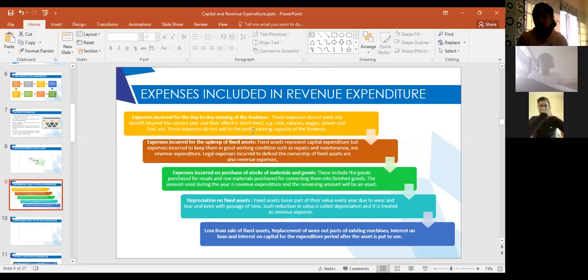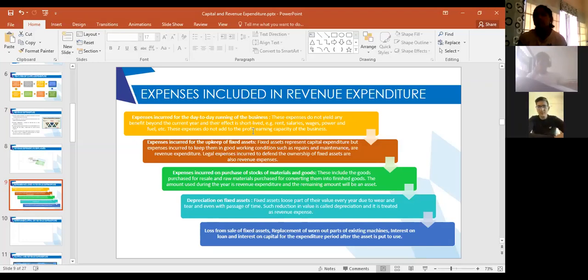Yes. Then expenses incurred for upkeep of fixed assets. Yes. Expenses incurred on purchase of stock materials. Even depreciation. Whenever we keep on using assets, they keep on depreciating in value. Their value starts going down with time, so they also come under revenue expenses. Loss incurred by selling a fixed asset is an expense for you.